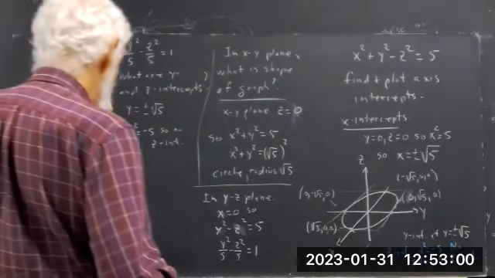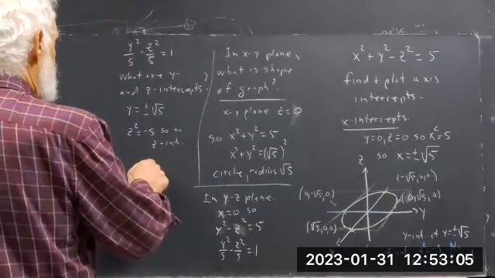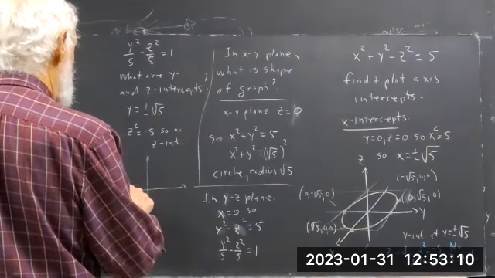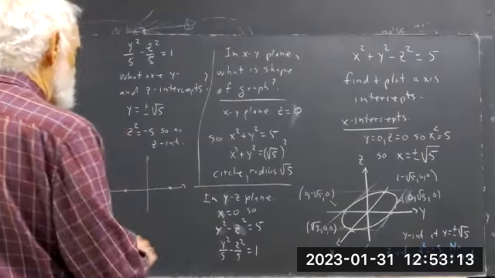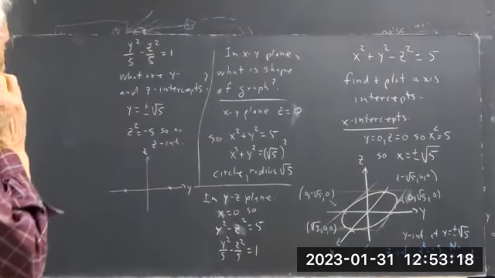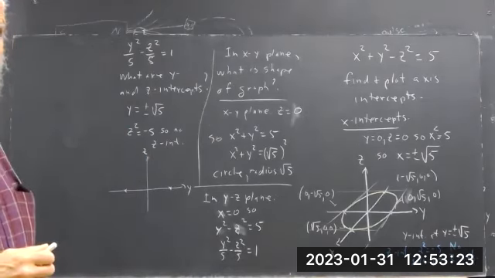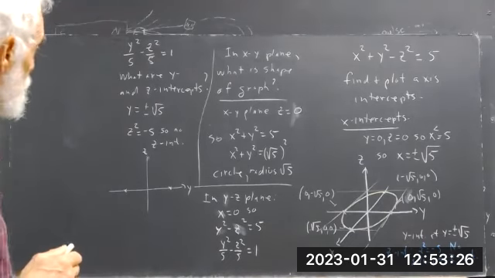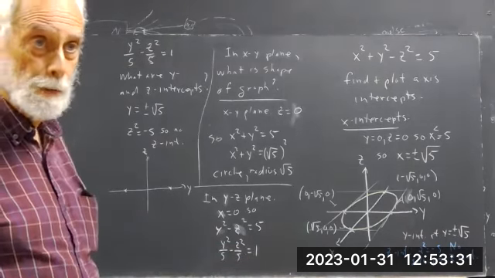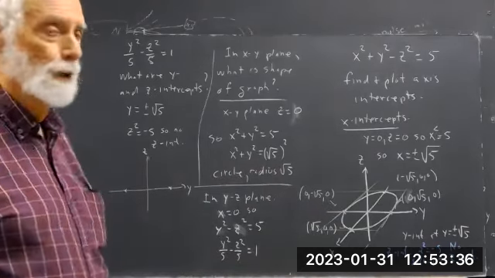All right, well, in the YZ plane there are two intercepts. Where do we go from here? We know conic sections, we know the difference between an ellipse, a parabola, and a hyperbola. If we don't, we go back and take another review.